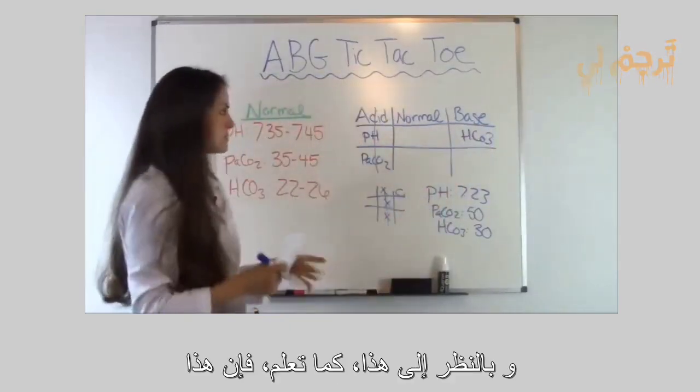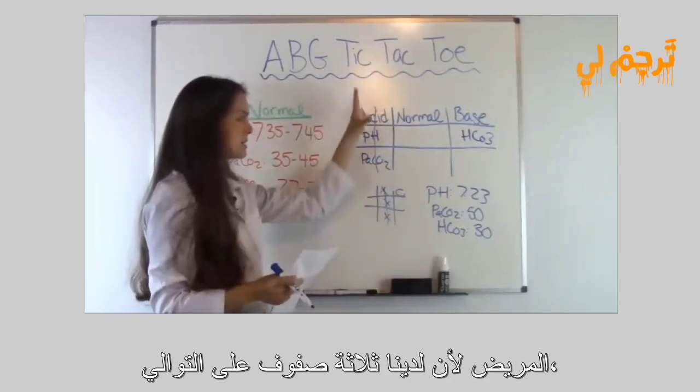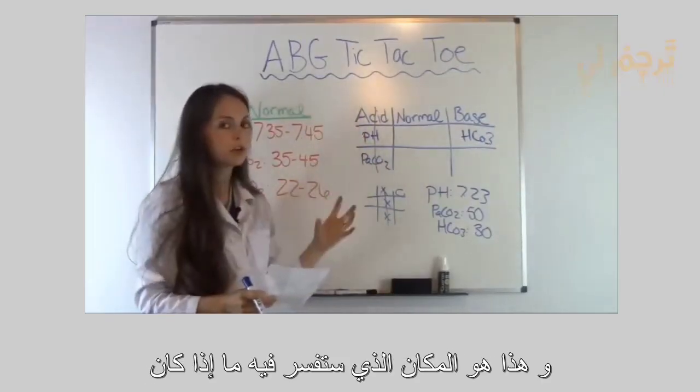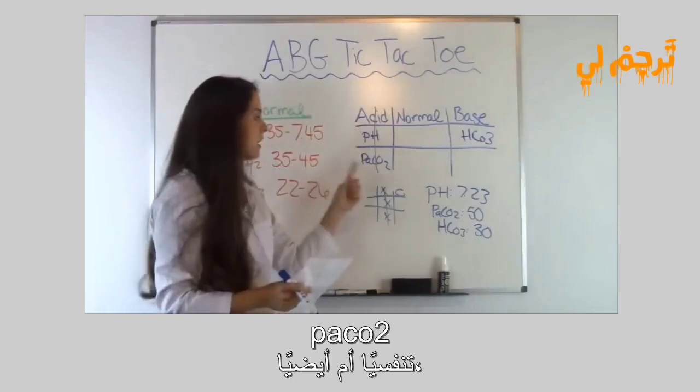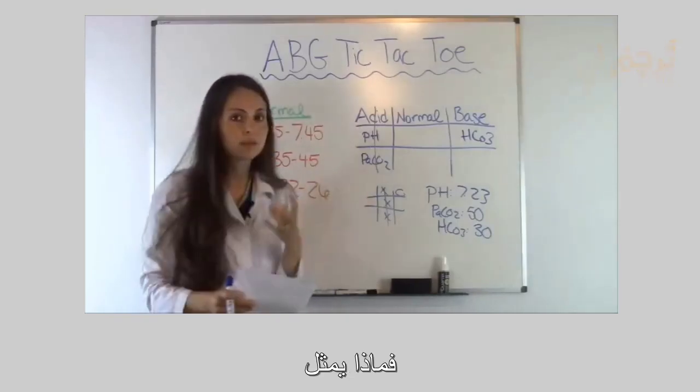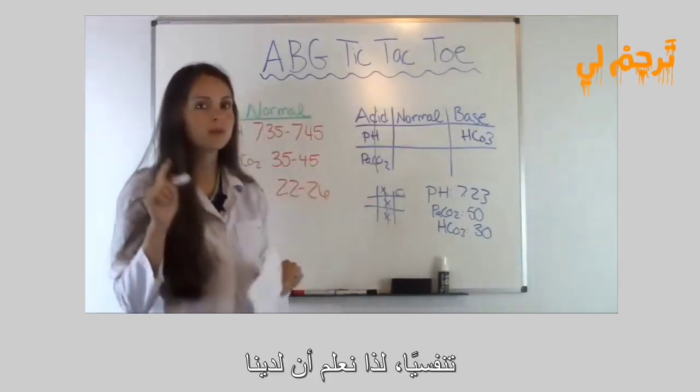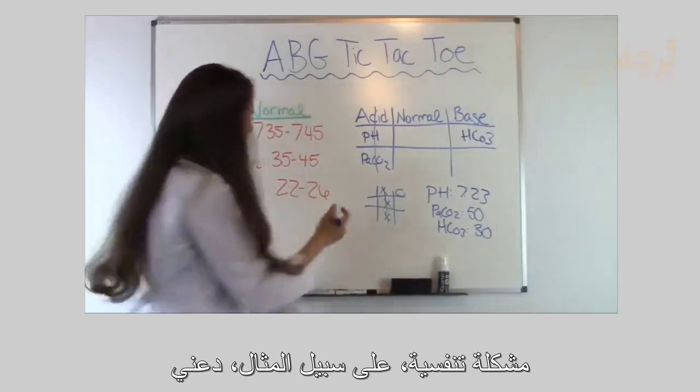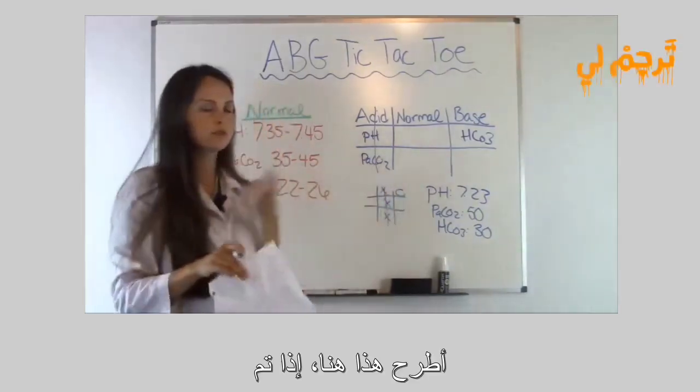Now, we already have our tic-tac-toe. And looking at this, because we have three in a row, this is where you're going to interpret if it's respiratory or metabolic. PaCO2, what does it represent? Respiratory. So we know that we have a respiratory issue. Now, for instance, let me just throw this out here.